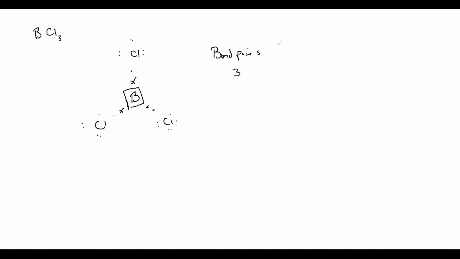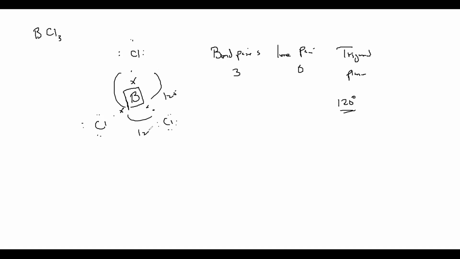3. How many lone pairs are there? 0. So what will be the geometry? It will be trigonal planar with a bond angle. What will the bond angle be? The bond angle will be 120 degrees. So you should learn the bond angles as well.